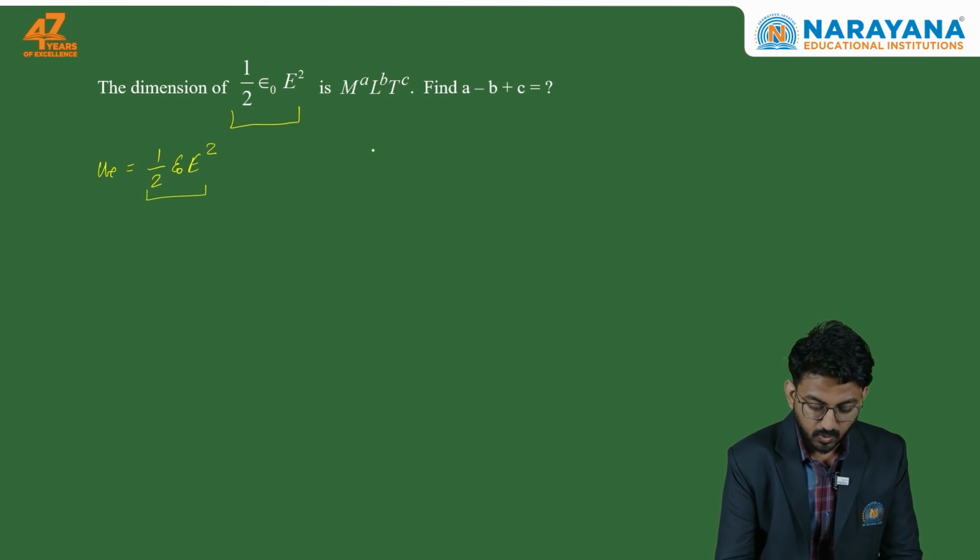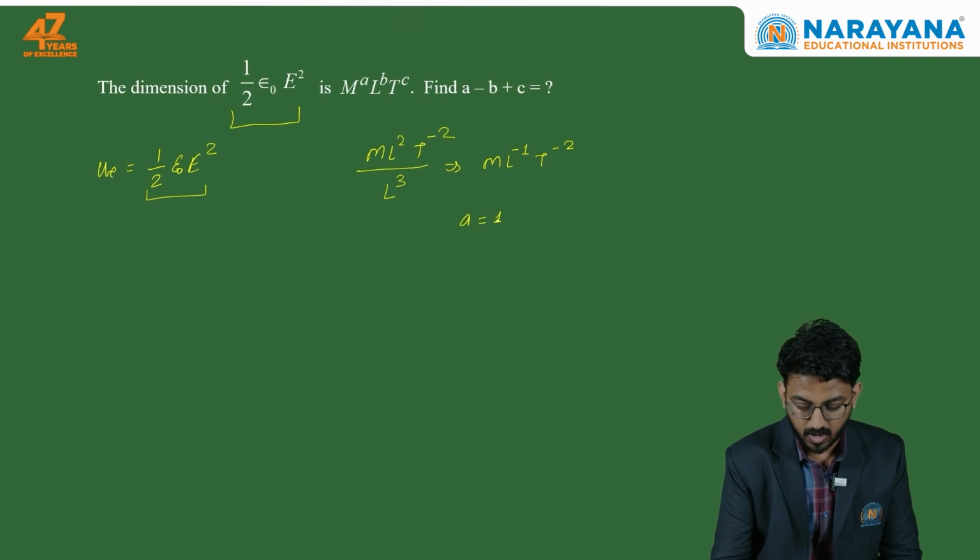Energy density is energy, which is ML²T⁻², divided by volume L³, giving us ML⁻¹T⁻², which gives A as 1, B as minus 1, and C as minus 2.